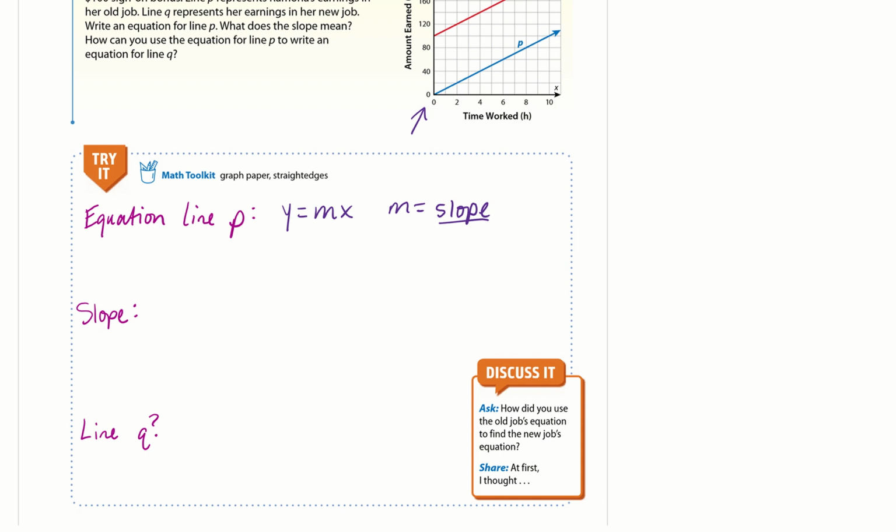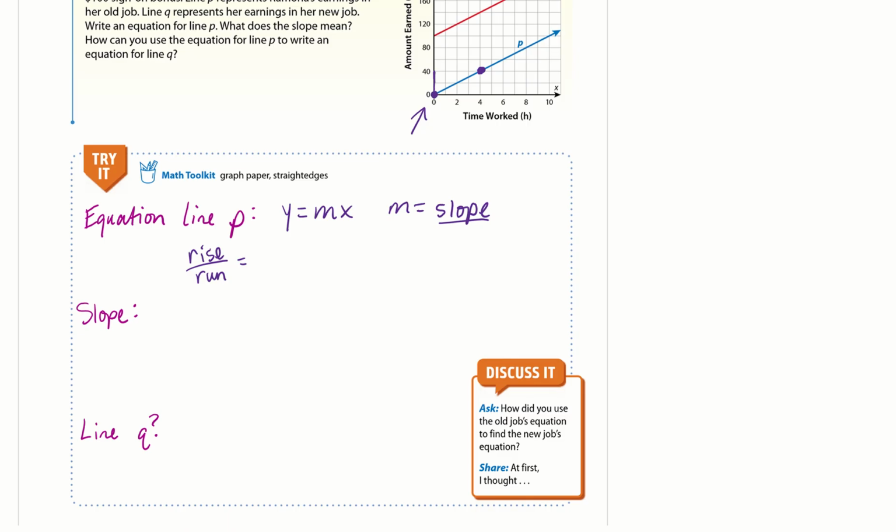If you wanted to do the slope by picking two ordered pairs and then using your slope formula, you absolutely could. For me, I'm going to go with 0, 0, and then I can see at 4, 40, we cross straight through those grid lines with line P. So my rise goes from 0 to 40. Let me write down rise over run first.